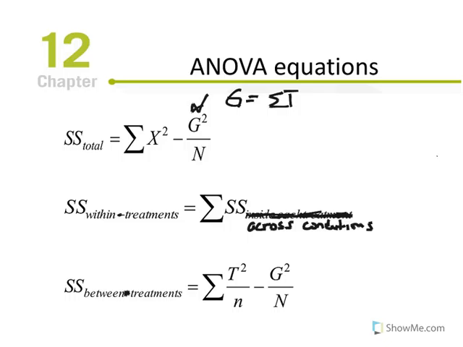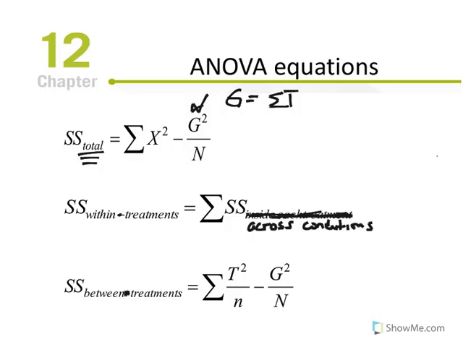And then again, N represents the total number of scores we have across all conditions. So the word total is important to focus on because it's taking into account all of the x values, how many there are, what their values are, and considering them all together as one lump sum.